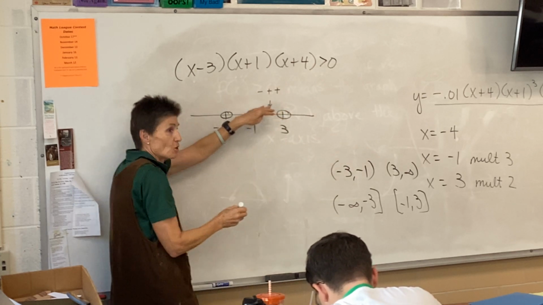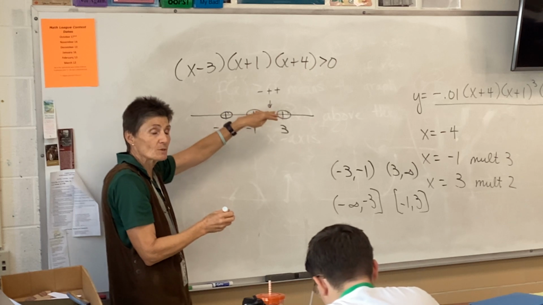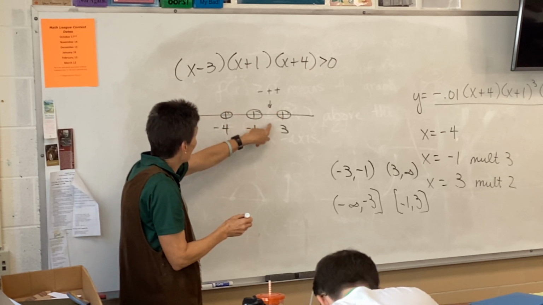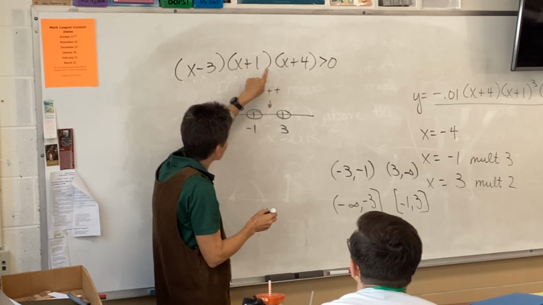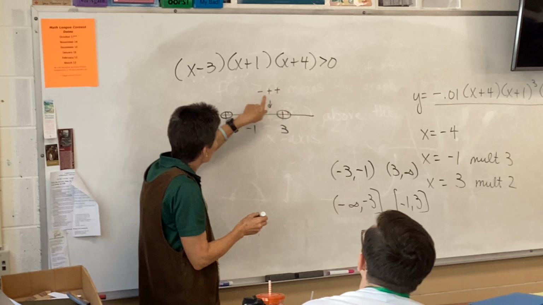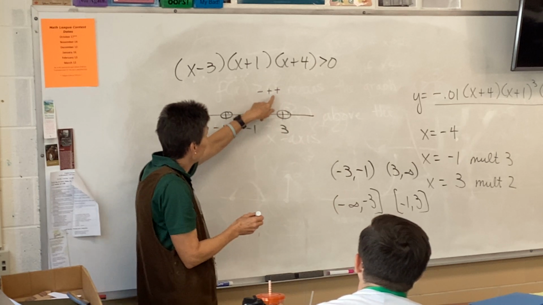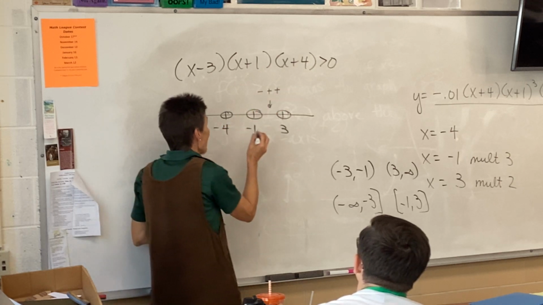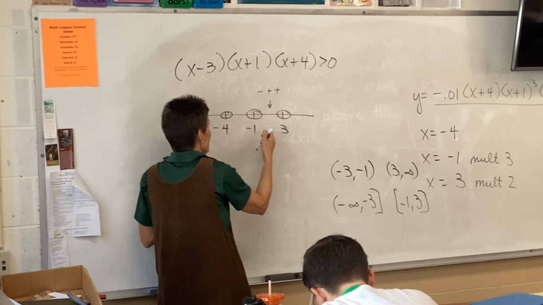That's called a sign chart. I just put the signs down. I don't really need the numbers. I can tell from the signs. So I put in a 0, and I get a negative factor, a positive factor, and a positive factor. What happens when I multiply those together? Is that bigger than 0? No.